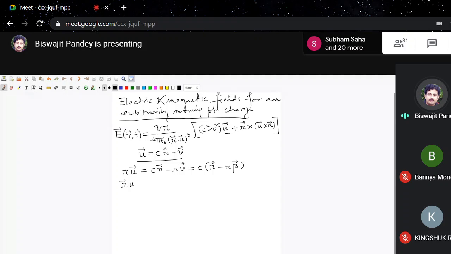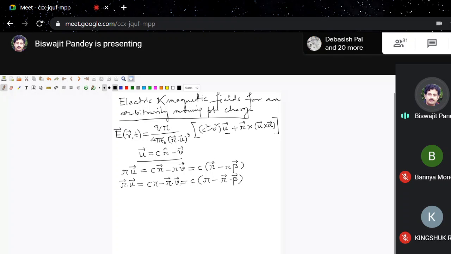If I take a dot product of r with u, I'll have c times curly r scalar r minus r dot v. We already know this, right? So c into, if I take common, r minus v by c is again beta, so r dot beta.